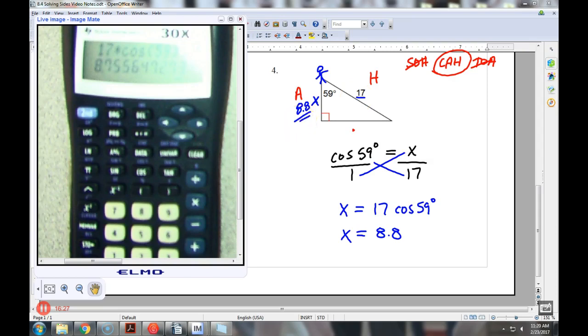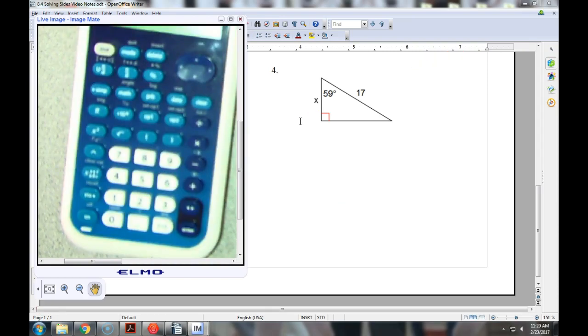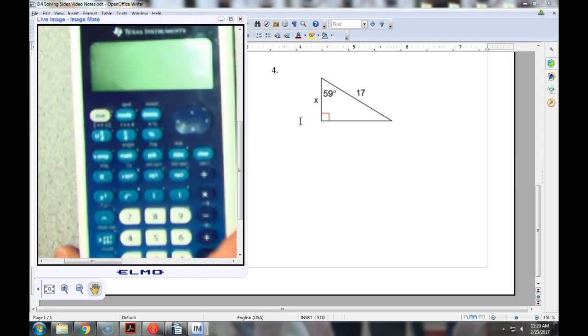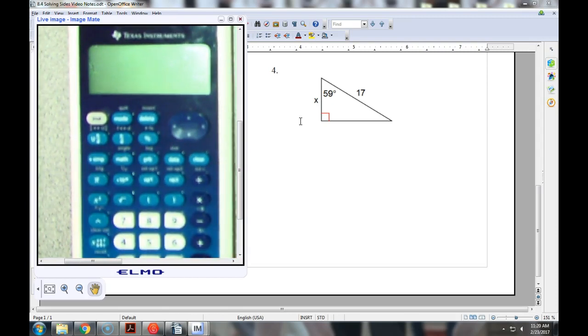I think it's okay. Now the only thing that I want to show is a different calculator. Let's say I'm doing 17 times the cosine of 59. On a different calculator, I'm going to bring in one of the ones that I have out in class sometimes. On this calculator, I know it's kind of rough to see the keys, but in order to do trig on this one, there are no sine, cosine, or tangent keys.